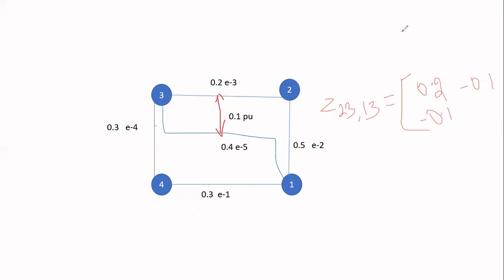ZLL equal to ZAL. So this is ZAI and ZBI. Okay, this is ZAI and ZBI. ZAI, AI means 31. Z31 plus Z11 plus YABXY.